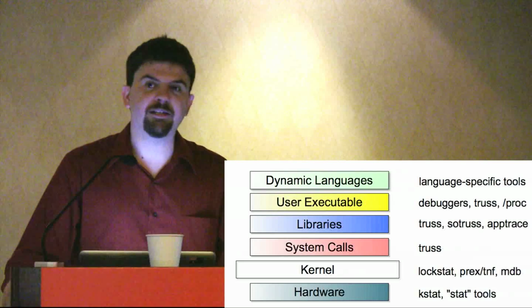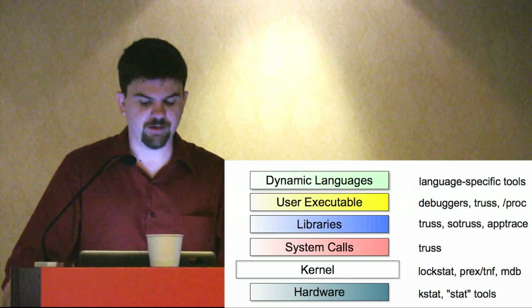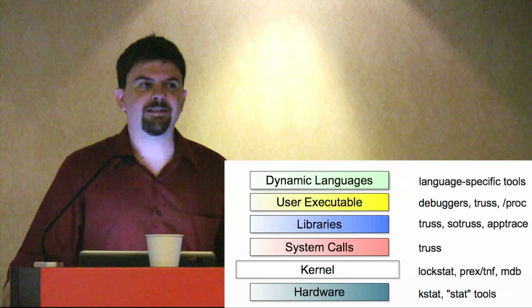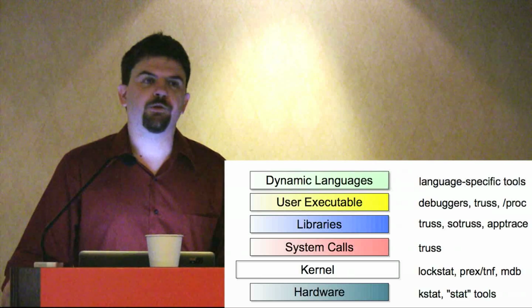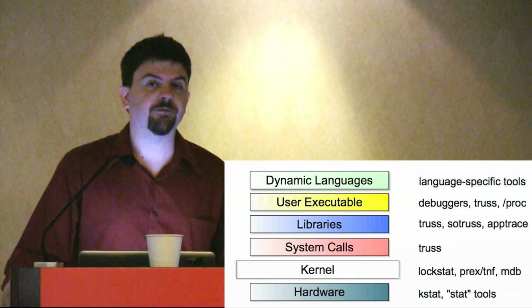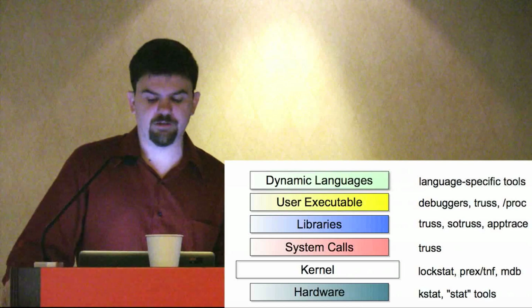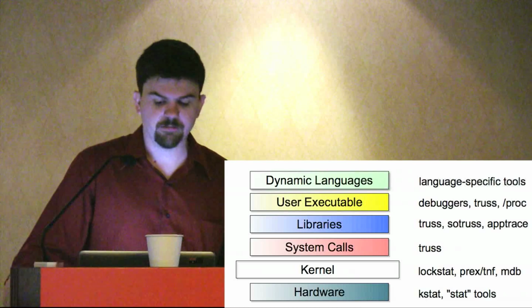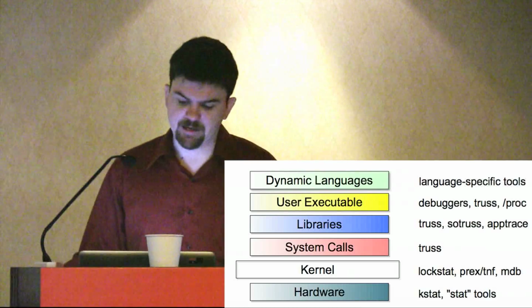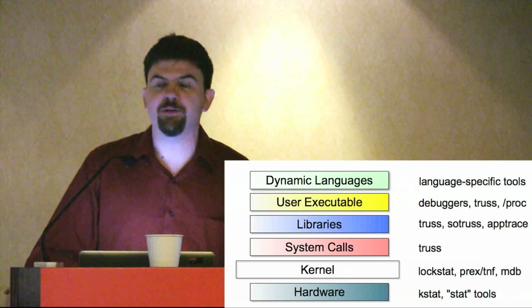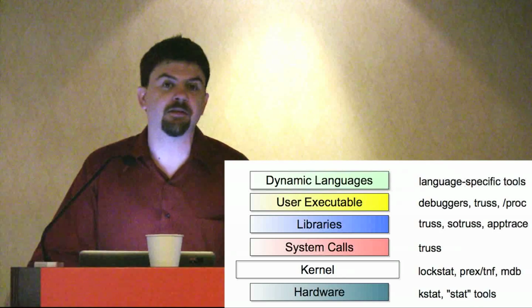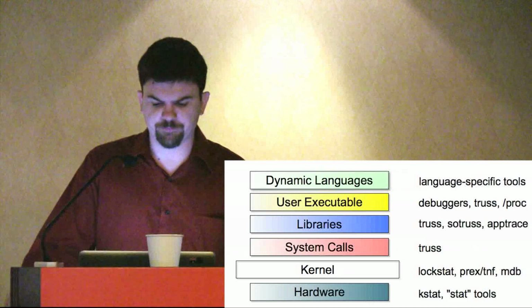System calls are typically easy to inspect using truss or strace. The kernel is an entirely different beast to analyze function flow in, and what the kernel software is doing is a different suite of tools. And for hardware, another different suite of tools. Usually we infer what's going on from counters that originate in device drivers.